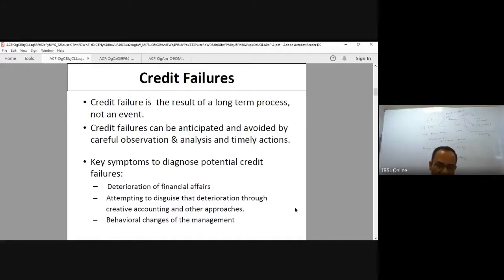Looking at a few of the signals, a lending officer can know in which direction this business is going. So where to put the brakes, all that he should know. He can understand, he can do that. So credit failures can be anticipated and avoided by careful observation and analysis and timely actions. Timely actions is very important.